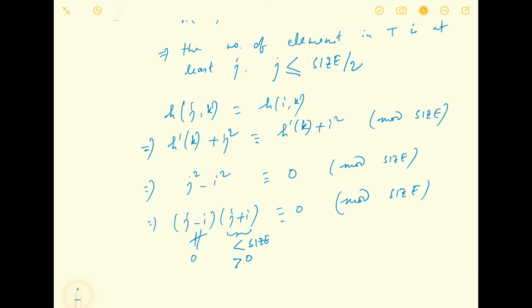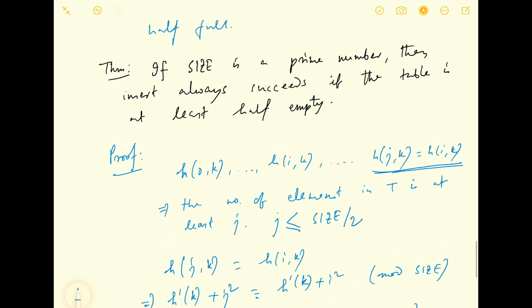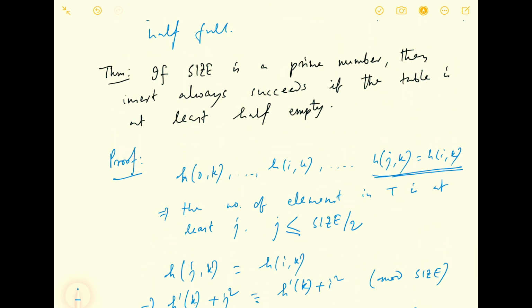So j plus i is some integer strictly in between 1 and size minus 1, and hence the product is not divisible by size, because size is a prime number. Okay, so that concludes the proof that if the table is at least half empty, then this quadratic probing will definitely find an empty space.